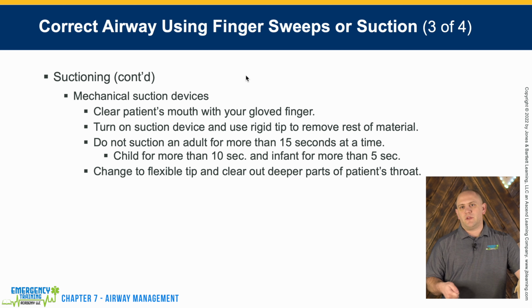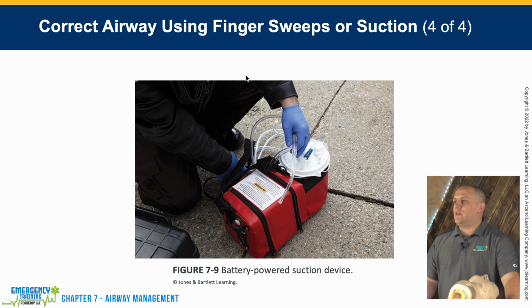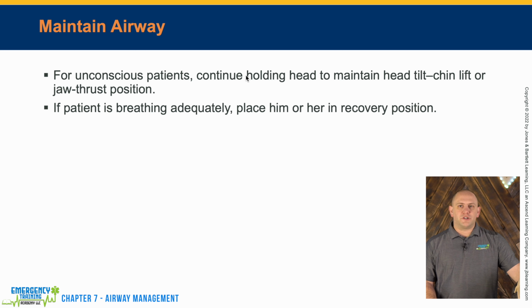So make sure you're not sticking the suction too far down into their mouth. It's more important to clear out the fluid. Here you can see one of the common battery-powered suction devices that you may have.